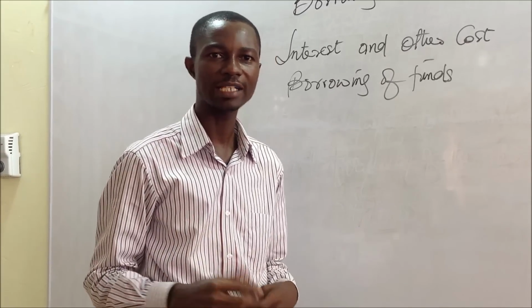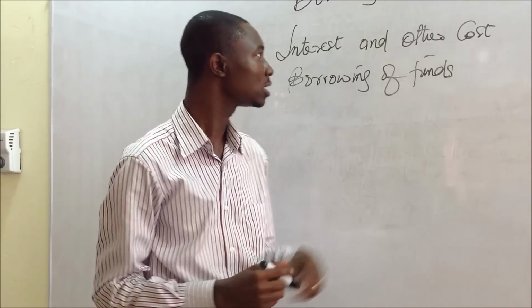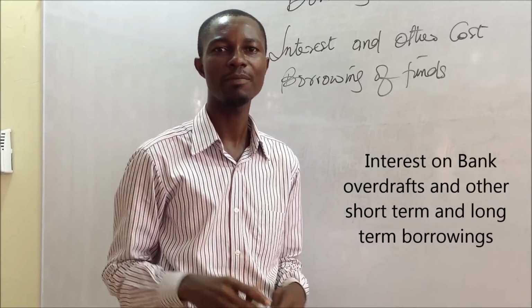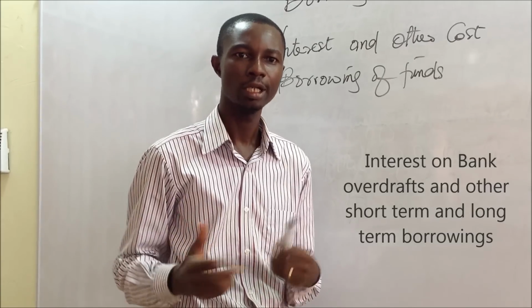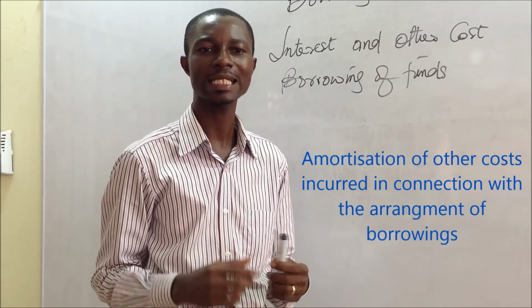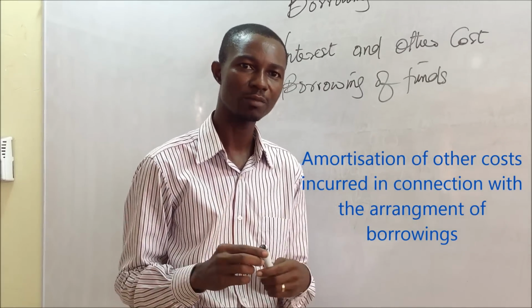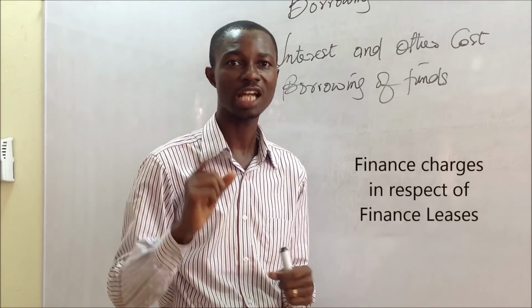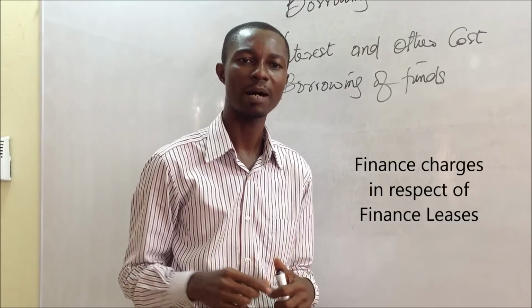Now, examples of items that go into borrowing costs include, like we said, 1, interest on bank overdrafts and other short-term and long-term borrowings. 2, amortization of other costs incurred in connection with the arrangement of borrowings. 3, we have finance charges in respect of a finance lease.